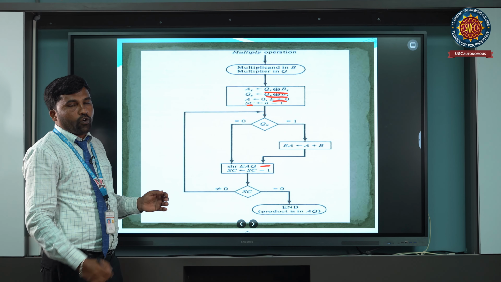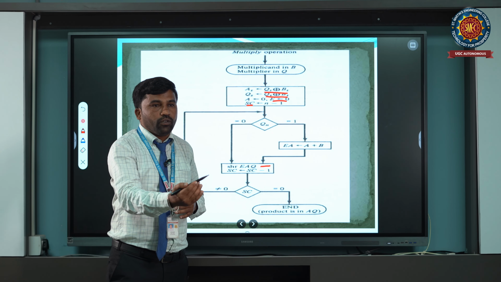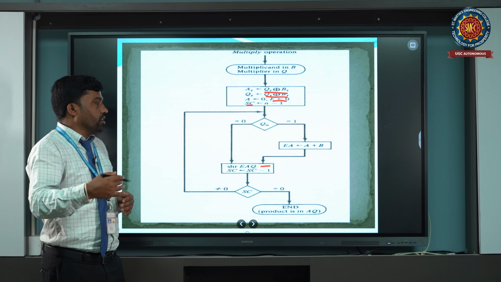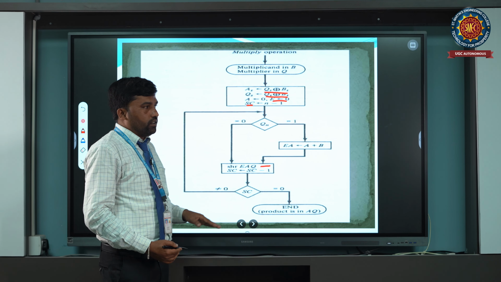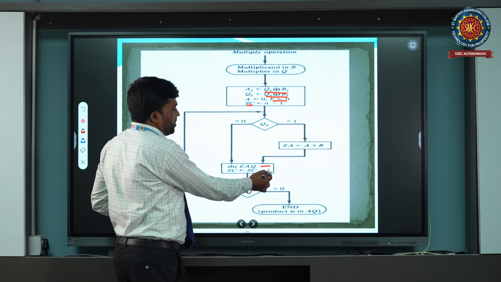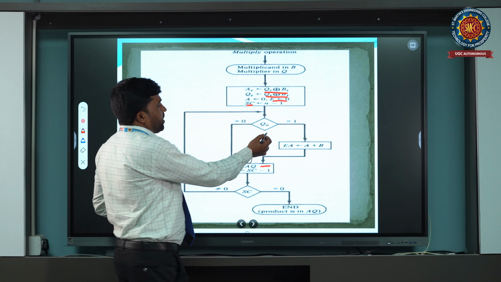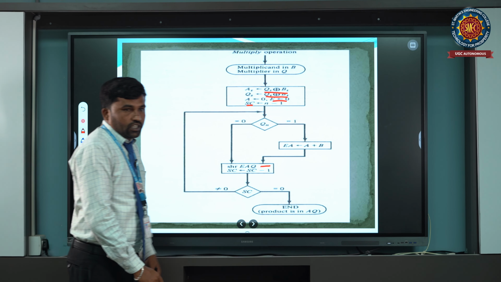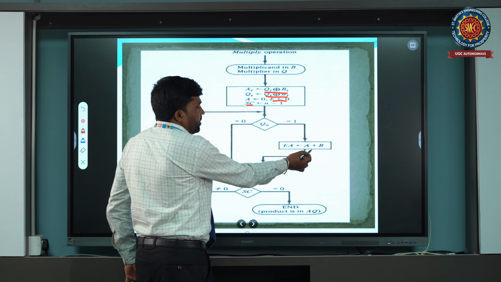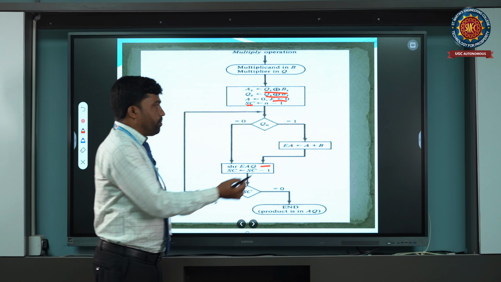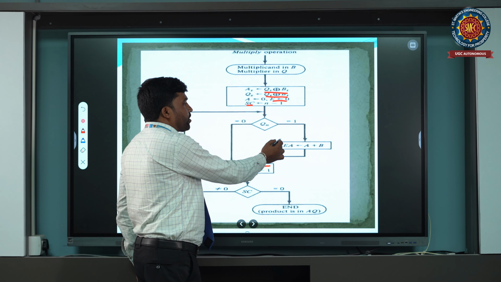Shift right EAQ means we shift one bit to the next bit position, and the sequence counter is decremented by 1, up to 0. Otherwise, if Qn is equal to 1, we add the B data to A at the effective address.